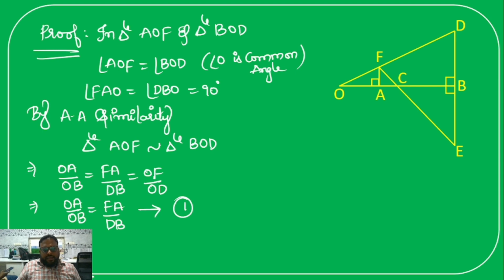Now in a similar way, we will consider the second type of triangles: triangle FAC and triangle EBC.